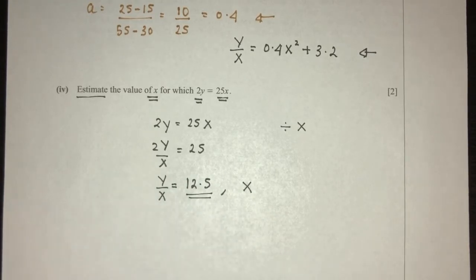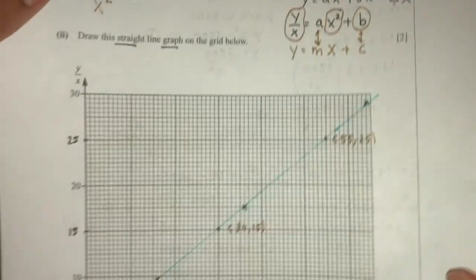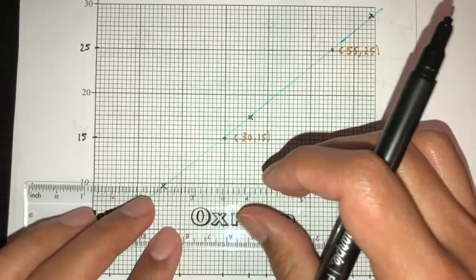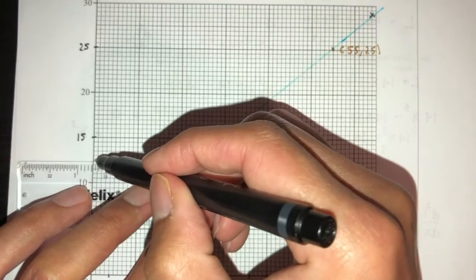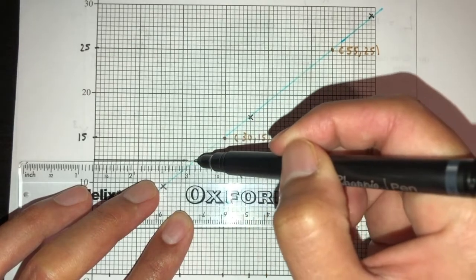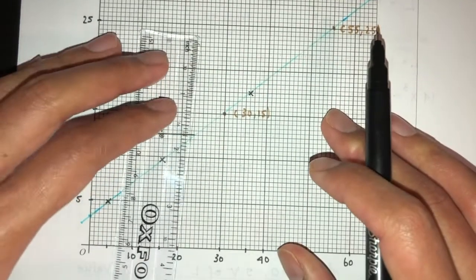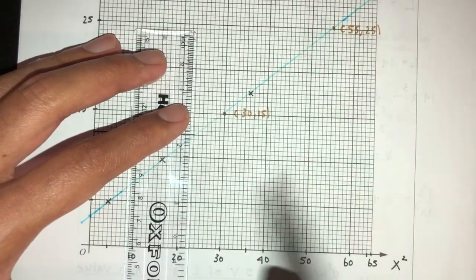Okay, so what is the value of x when y over x is equal to this? We can use our graph or our equation if you want to. So let's use our graph for this one. What happens if the value becomes 12.5 is right here. You always have to show your work when you are using your graph so that they know how you find your values.